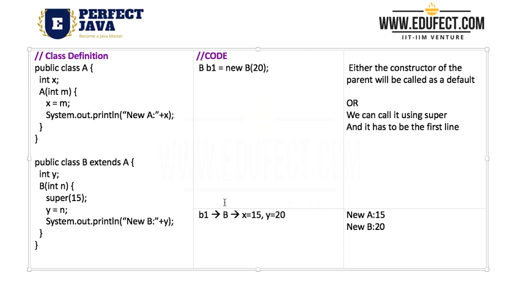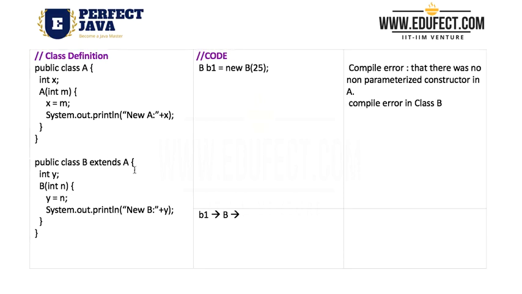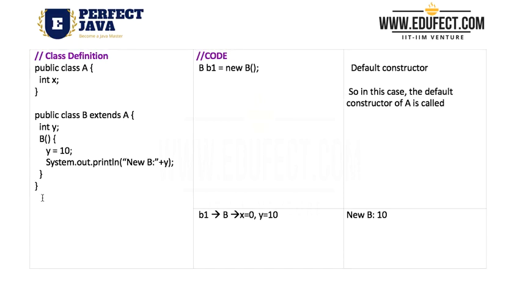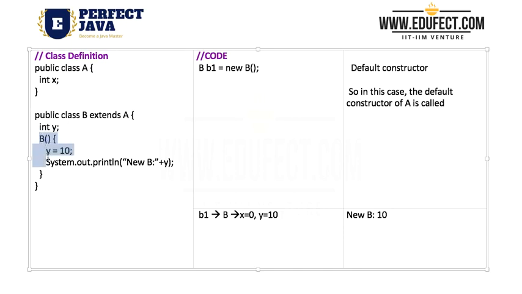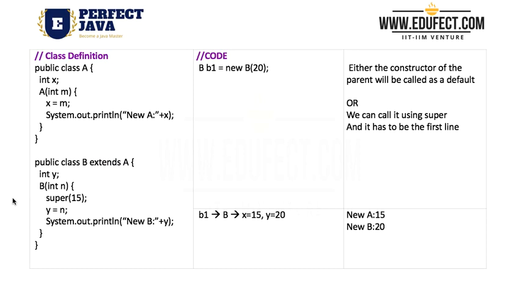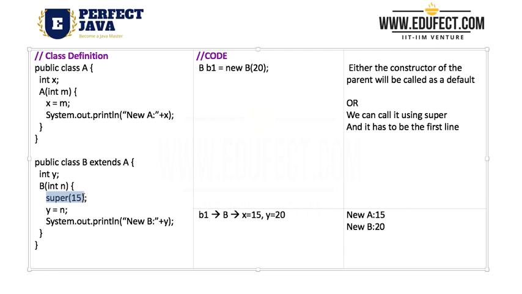So notice there are two ways to do it. In the previous examples, we were not calling the constructor explicitly, so by default, the constructor was getting called as the first line. If we want to call the constructor, we use the keyword super, and then whatever parameters we want to pass to it, we can do it. So we could have a non-parameterized call to it, which is super().